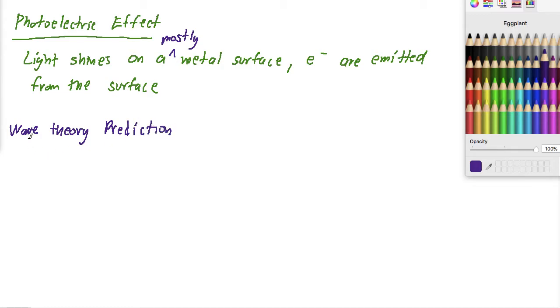I struggled there to spell this, but we got through it. So let's move on ahead. So the wave theory prediction does two things.